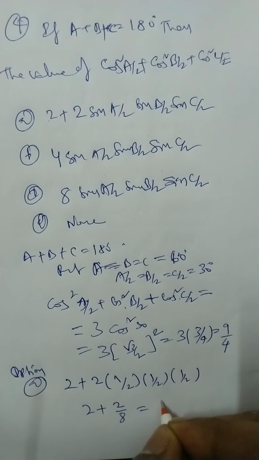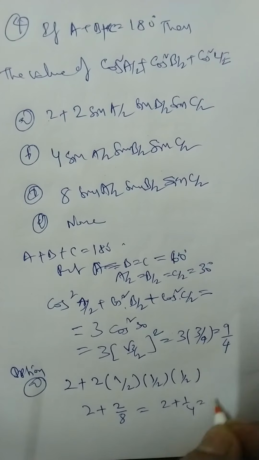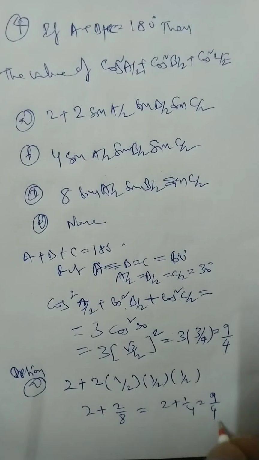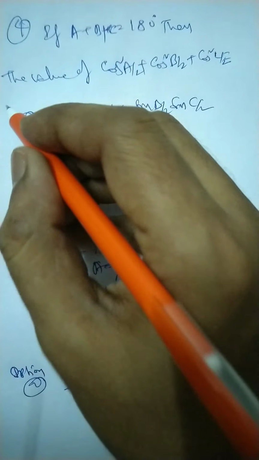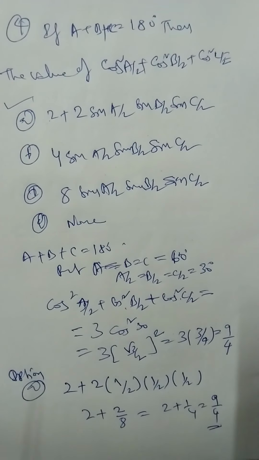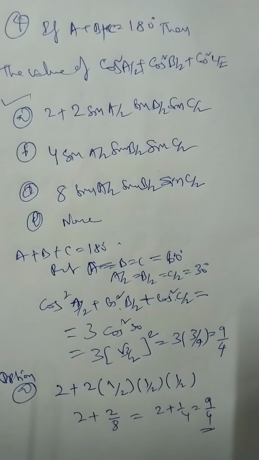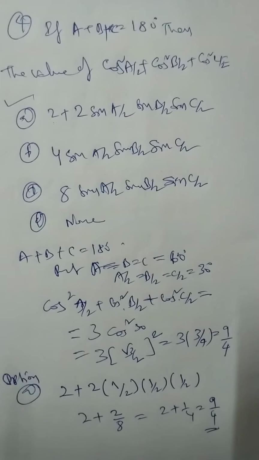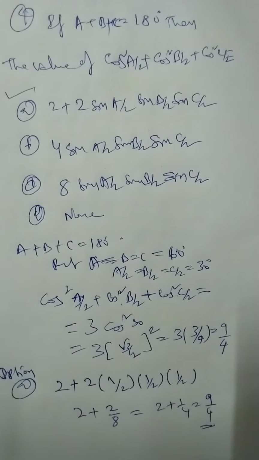So what do you get here? 2 plus 1 by 4, that is 9 by 4. So option A is correct. You can use this trick for all the problems when a triangle ABC is given, or A plus B plus C is equal to 180 degrees.